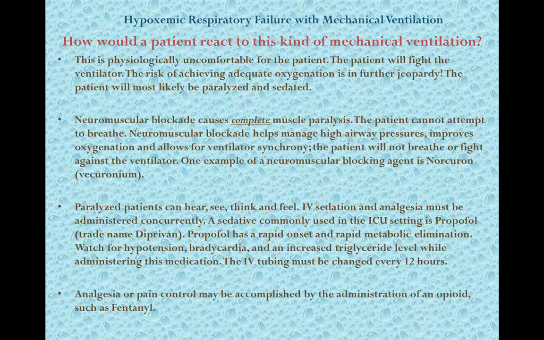So it's kind of torturous. So we don't want to do that to the patient, so we'll give neuromuscular blockade as well as a sedative. Common sedatives are propofol, Versed or midazolam, and fentanyl. The risk factors with propofol, the rapid onset, rapid metabolic elimination. This is sometimes on the exam.